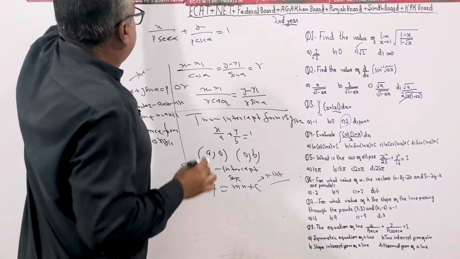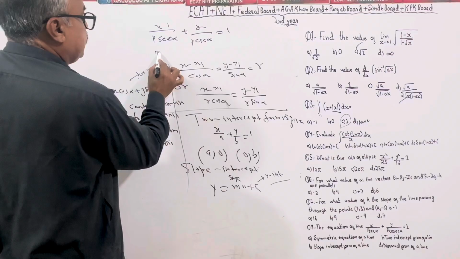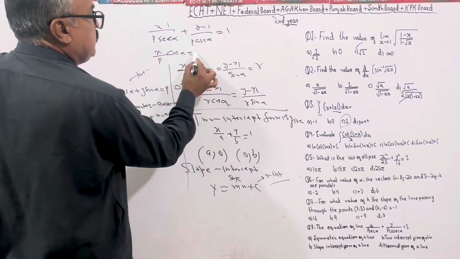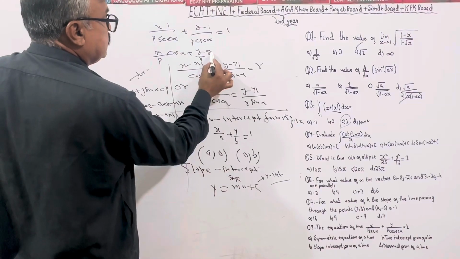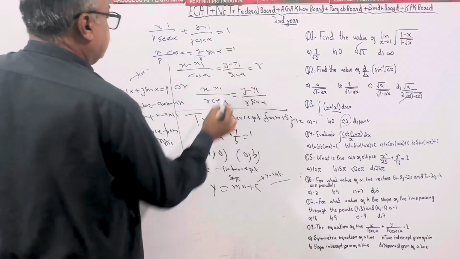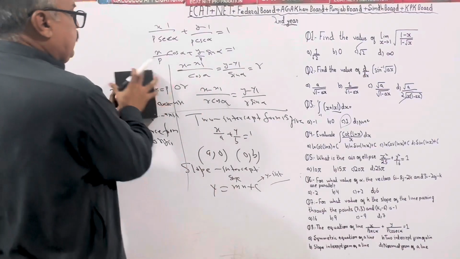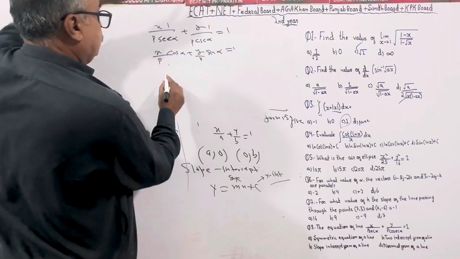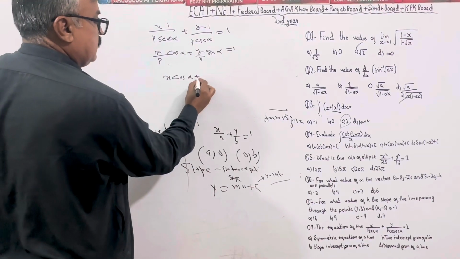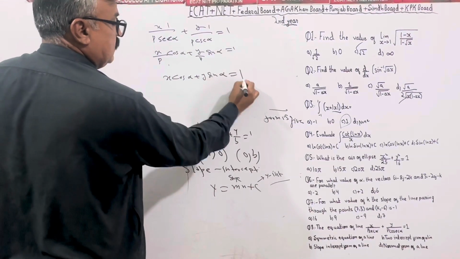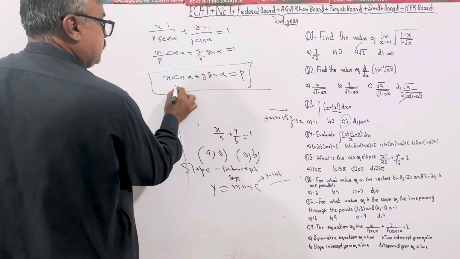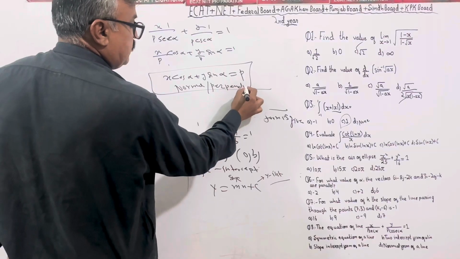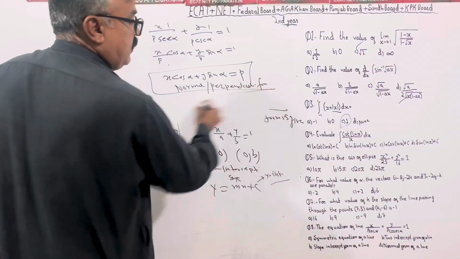We are familiar: 1 over sec means cos alpha, 1 over cosec means sin alpha. Equal to 1. Taking LCM and moving p to the right hand side, we have x cos alpha plus y sin alpha is equal to p. That is our normal or perpendicular form.